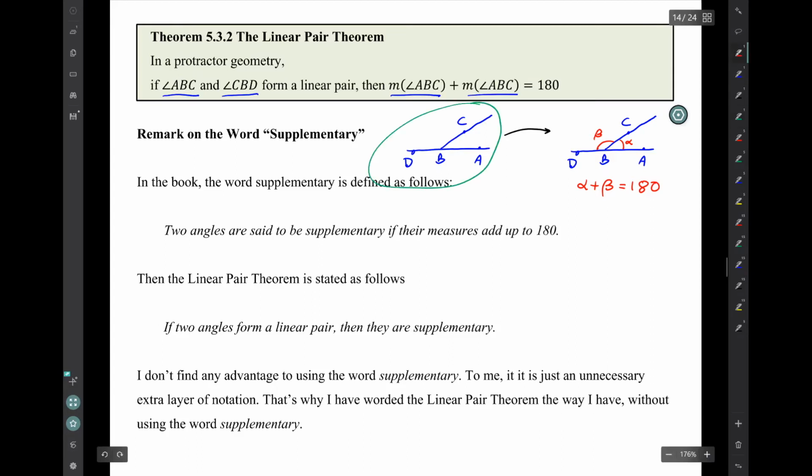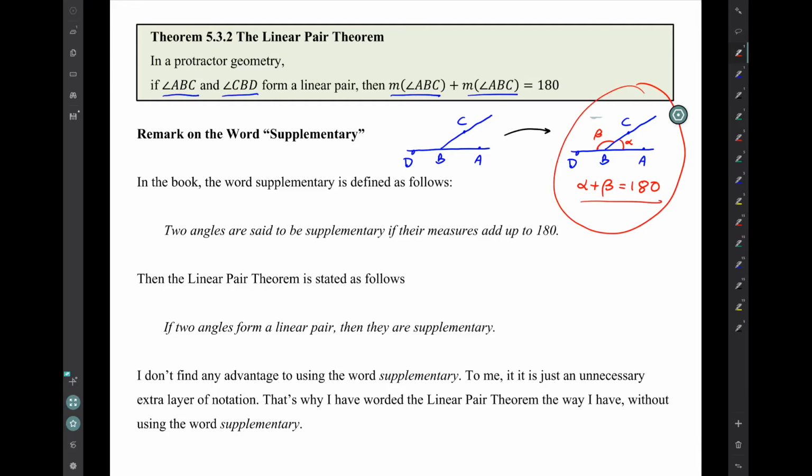In the right picture, I have a picture of two angles and the statement that those angle measures add up to 180. Notice that in my right drawing, I didn't do this. Why? Well, because ABD is not an angle, and angles can't have measures of 180. So I have to illustrate it this way. I just have to have a written statement that alpha plus beta equals 180.